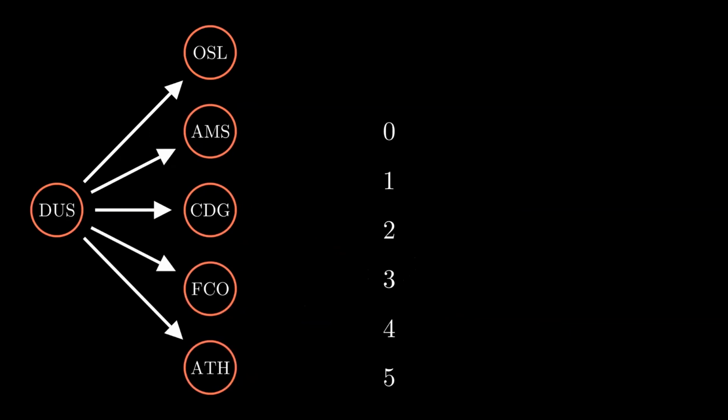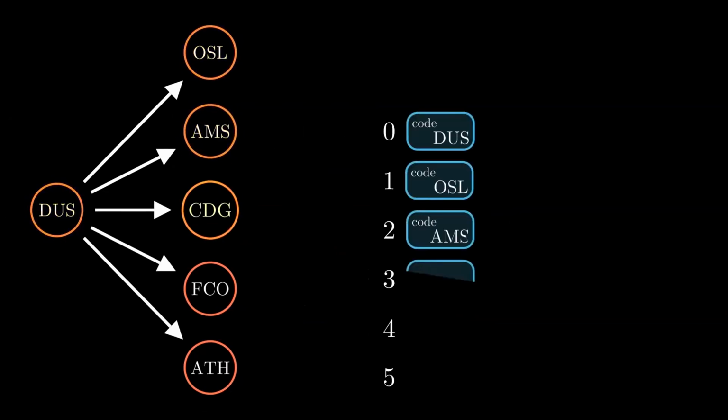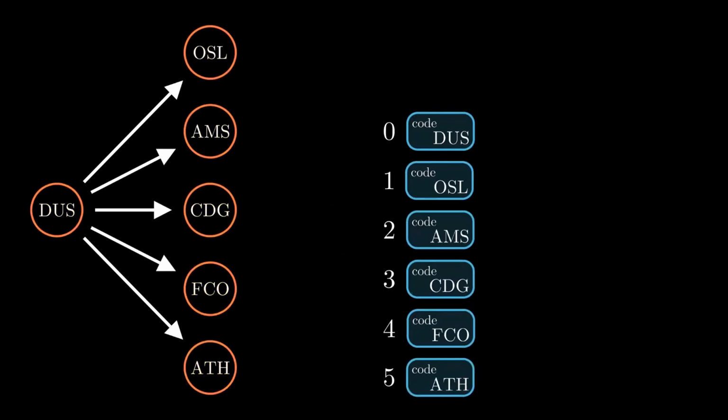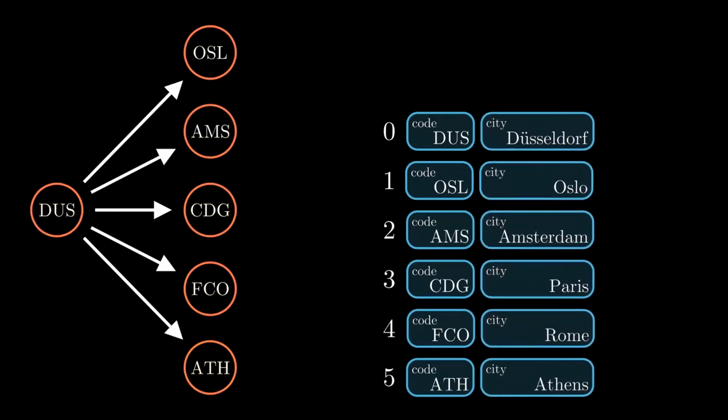To identify them later, each vertex is also assigned the properties that we chose, which in this example are the city and the code. What we have now is the representation of all vertices in the form of a list, and this is exactly what's stored in the database. We have records consisting of columns for each property and each edge.